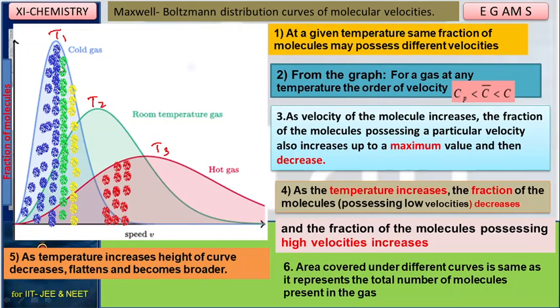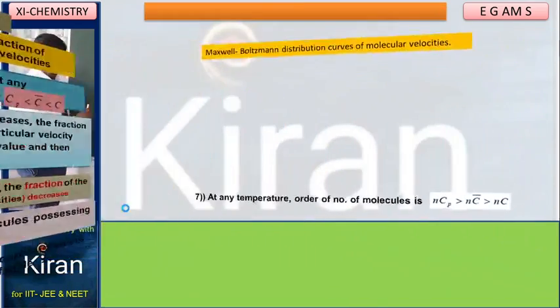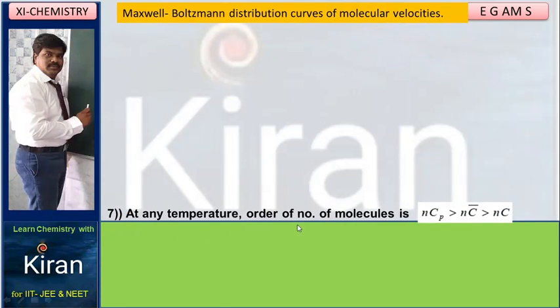Here the most probable velocity molecules count is high compared with average velocity and RMS velocity. That is indicating the seventh point.